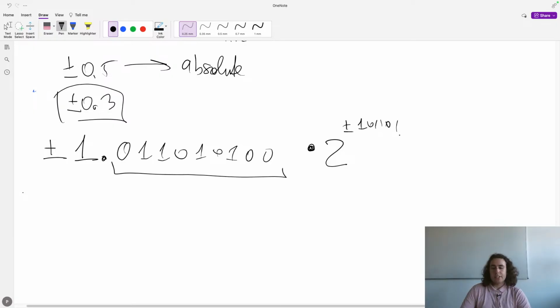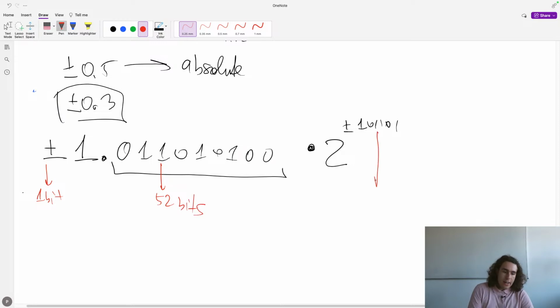We represent every value like that. So in doubles, we have 1 bit for this plus minus. We have 52 bits for these digits after the dot, and we have 11 bits for the exponent.